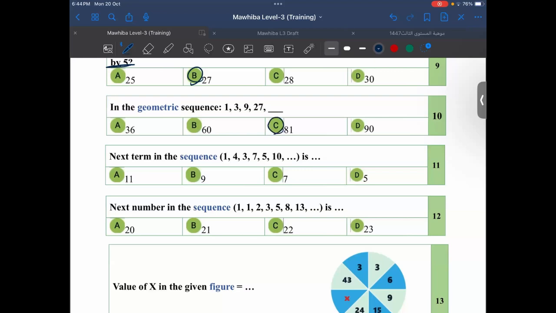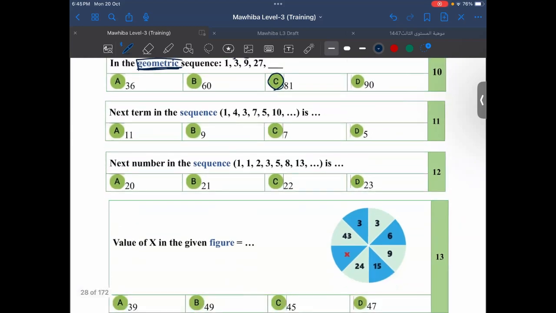So the answer here is C. As you said, here the sequence is times 3 in all parts of the pattern. So a geometric sequence is the same as an arithmetic sequence. You can say they're synonyms, so do not get confused with it. It's just a pattern, just like other questions.